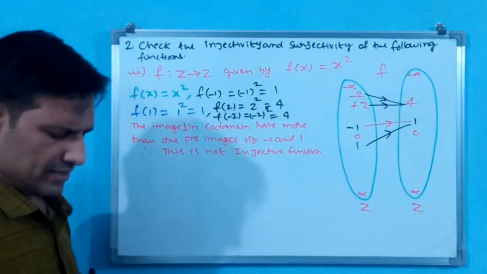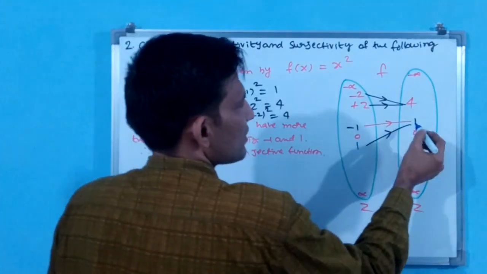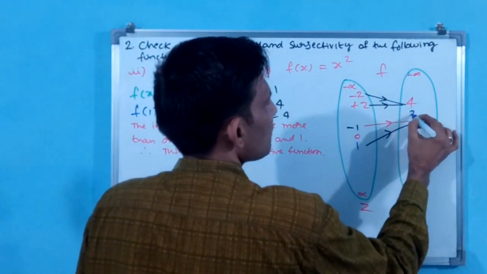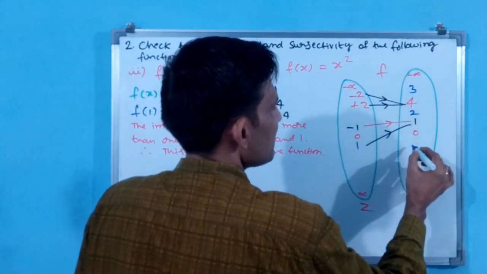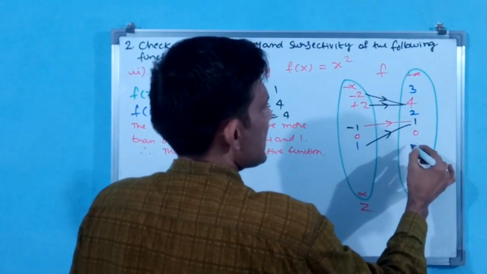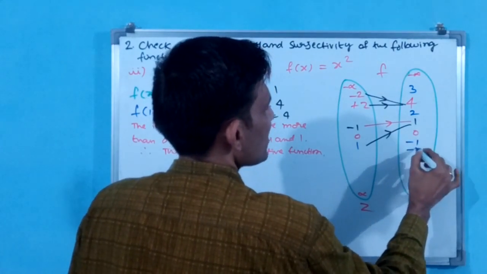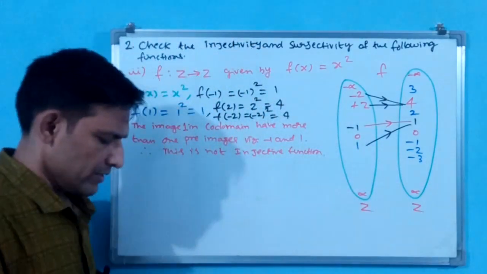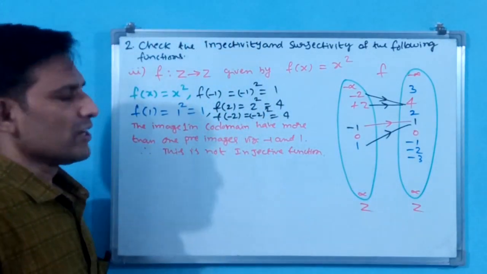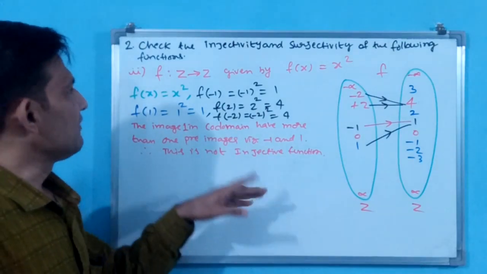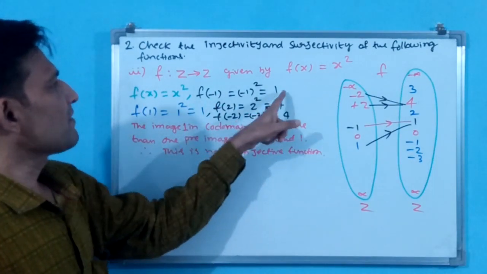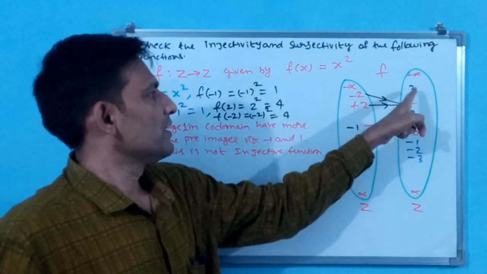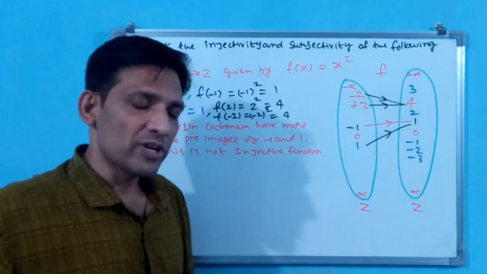We need not see much. What I am doing, see, 1 is there means here 2 also will be there, 3 also will be there, even minus 1, minus 2, minus 3 will be there. Okay. First point, in positive numbers itself, after 1, 4 has come. 2 and 3 don't have any relation.